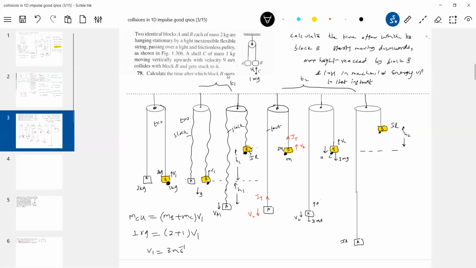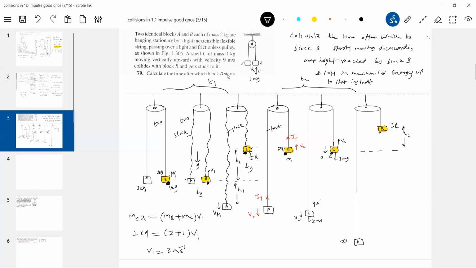Now, can we calculate VA1? VA1 equal to g T1. We don't know this time T1. How to calculate time T1? Time T1 is measured from here. It was given velocity V1, gravity will act. Due to that, it undergoes retardation. It's like a vertically projected body.